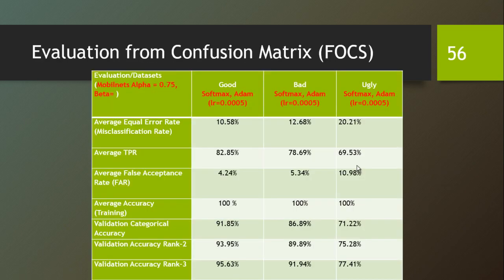These are the performance measures along with results. I have reported the result on each partition separately so that I would be able to match my result with the benchmark that NIST has provided. So on good images I reported an equal error rate of 10.58, on bad I have 12.68, and on ugly I have used the same softmax and Adam for parameter tuning, and the learning rate was set to 0.005.